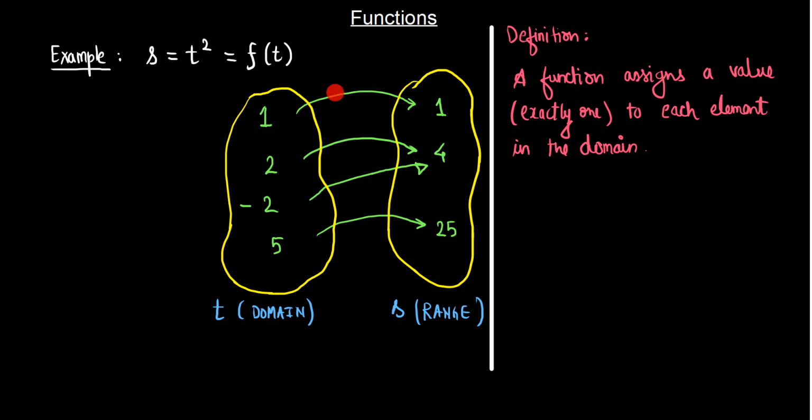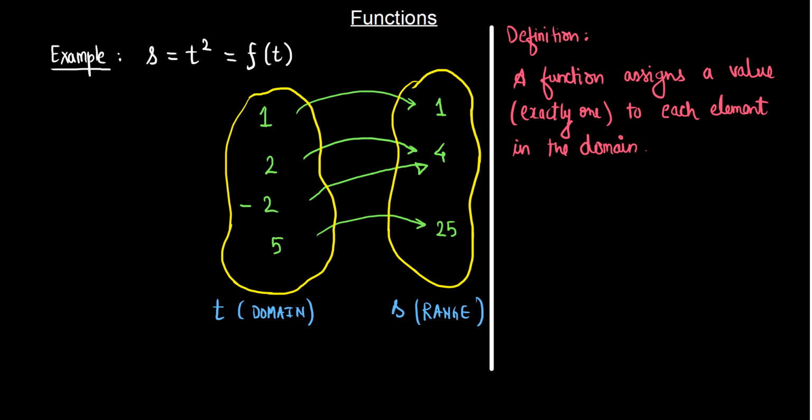So 1 gets assigned to 1, 2 gets assigned to 4, -2 gets assigned to 4, 5 gets assigned to 25, and so on. So each of the values in the domain gets mapped to only one value. You may observe that multiple values in the domain may get mapped to a single value in the range.